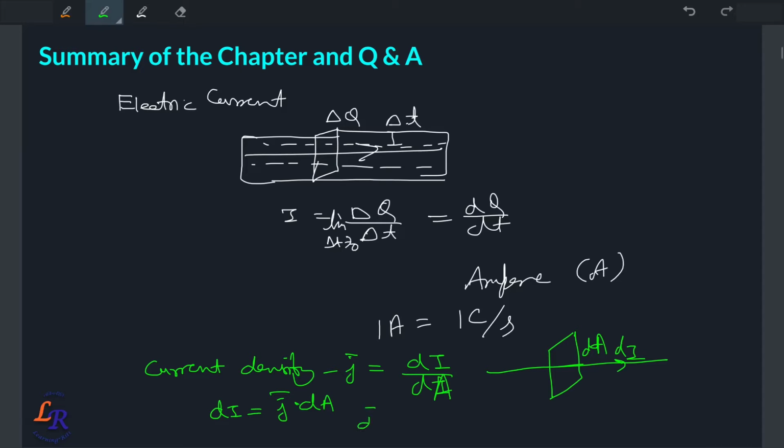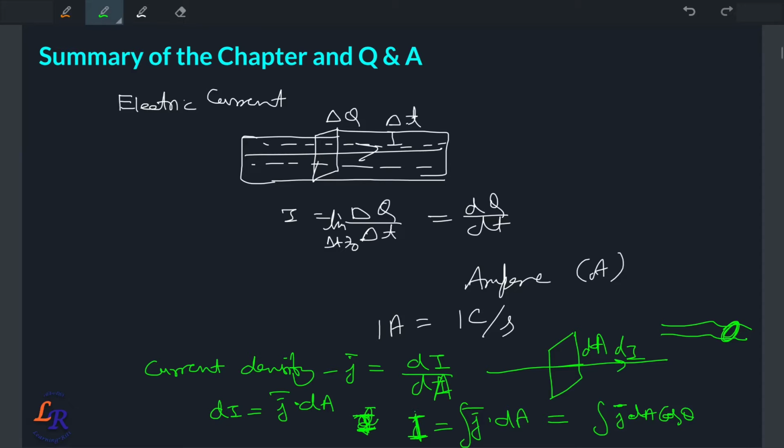So if you want to determine the total current flowing, and you know the current density and the cross-sectional area, as in most wires, then you can calculate the current as the integral of vector J dot dA, which is J dA cos theta.